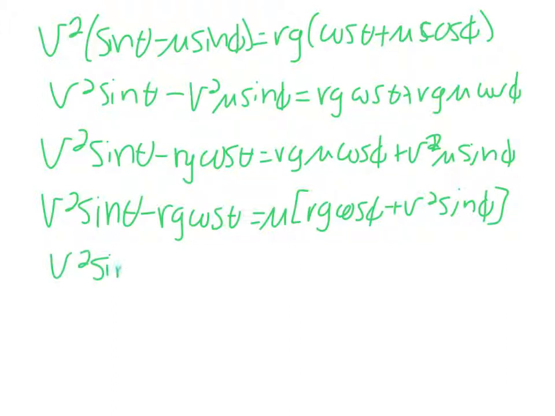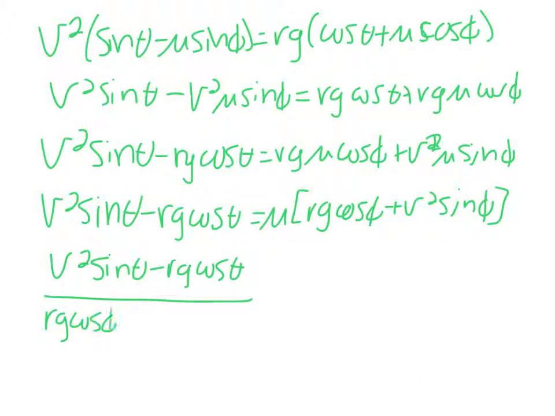We get V squared sine theta minus Rg cosine theta over Rg cosine phi plus V squared sine phi equaling mu. And now we're ready to put in the numbers.